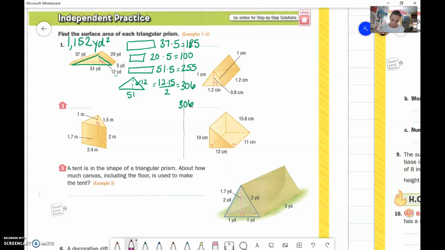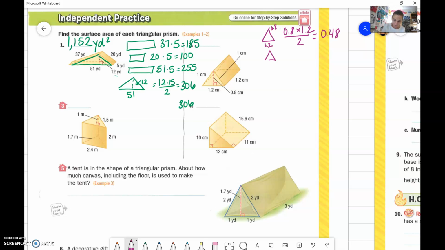Notice they are not equilateral, bummer, because I have 1, 1, and 1.2. So I have 2 of my triangles. My base is 1.2. Notice my height is 0.8. So that means I'm going to take 0.8 times 1.2 and divide it by 2, which is going to give me 0.48.